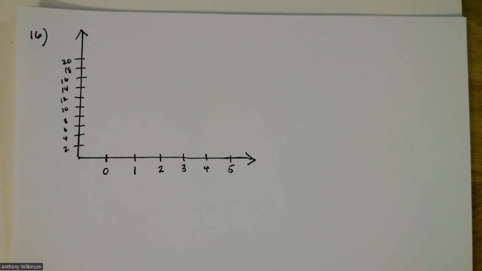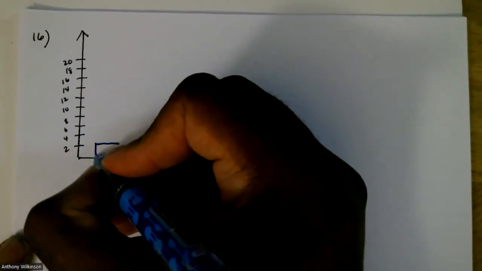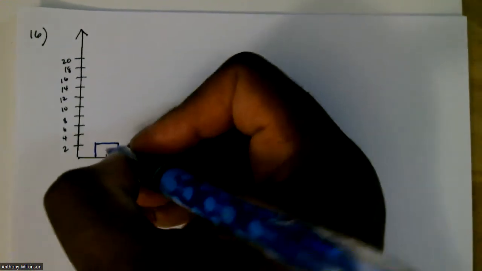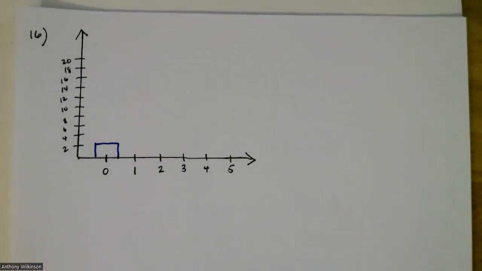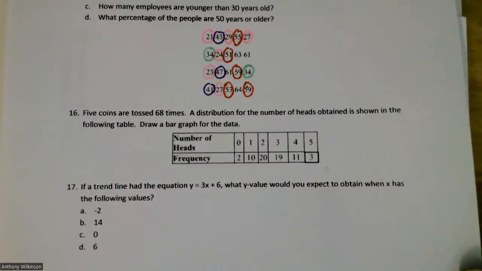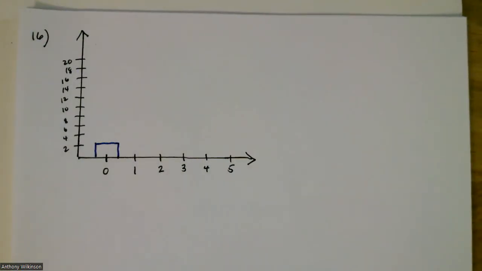All right, so at 2, that's going to be here because the height of the bar will be at 2. And then for one head, it will be 10. So the height would be at 10.